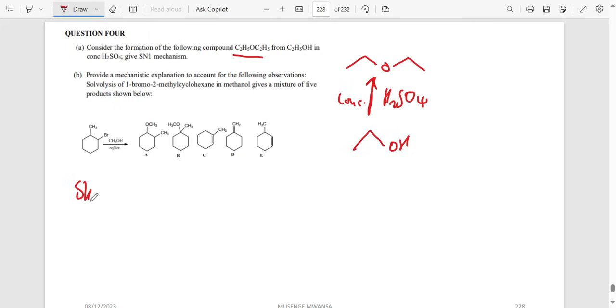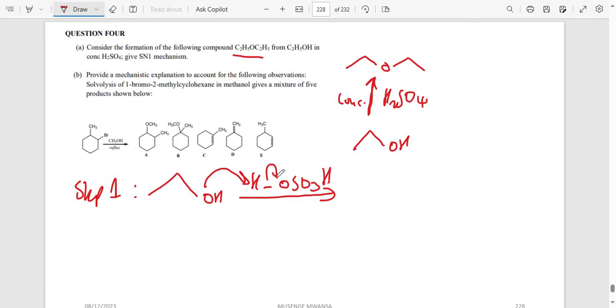Now step 1. The first thing that will happen is that we are going to have one OH. Because we're reacting in sulfuric acid, we're going to have sulfuric acid. Let me write it like so. Oxygen grabs a proton, the bond breaks. This is positively charged.